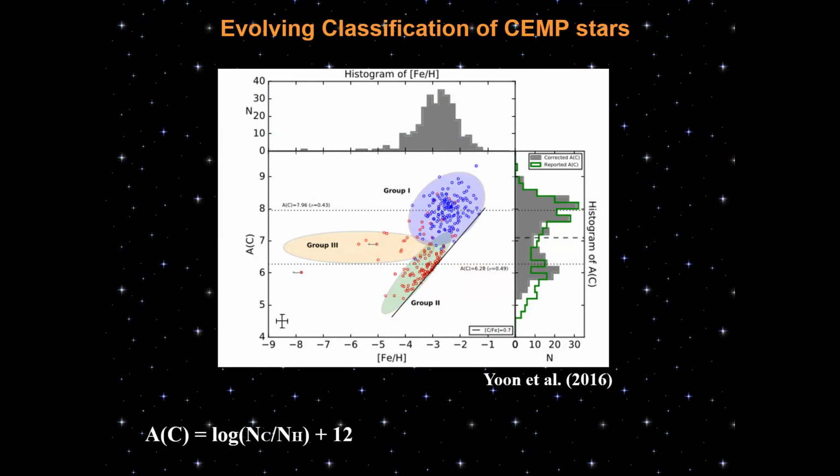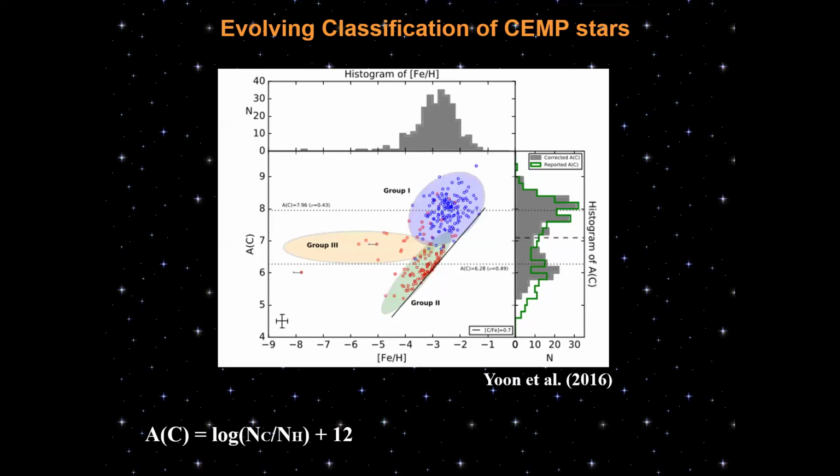If we look, instead of the carbon over iron abundance, at the absolute abundance, which is carbon over hydrogen, we have this diagram from this paper: the absolute carbon abundance as a function of the metallicity for a large sample of stars for which we had high resolution spectroscopy available. So we know the barium abundance.